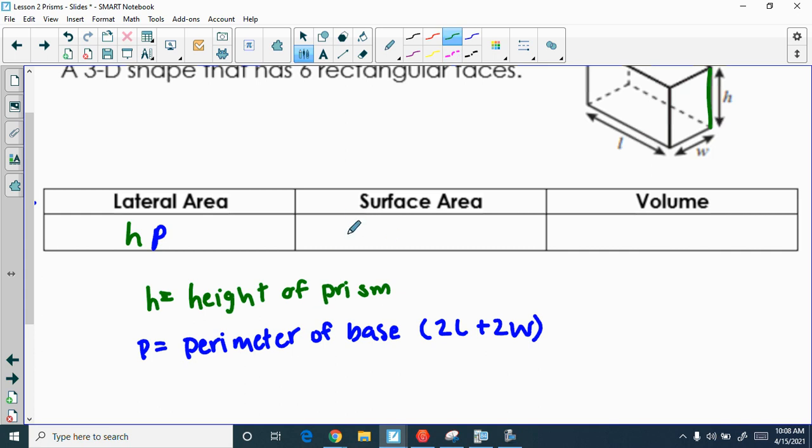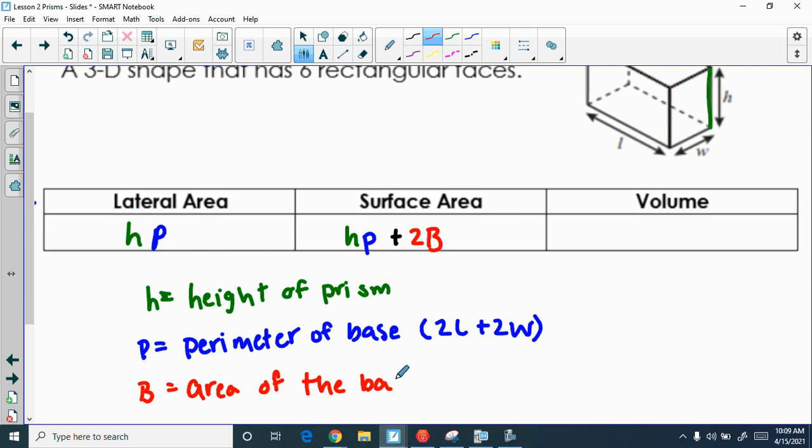For our surface area, it's going to be height times perimeter, so the lateral area, plus 2 times the base. So the base is going to be the area of the base.